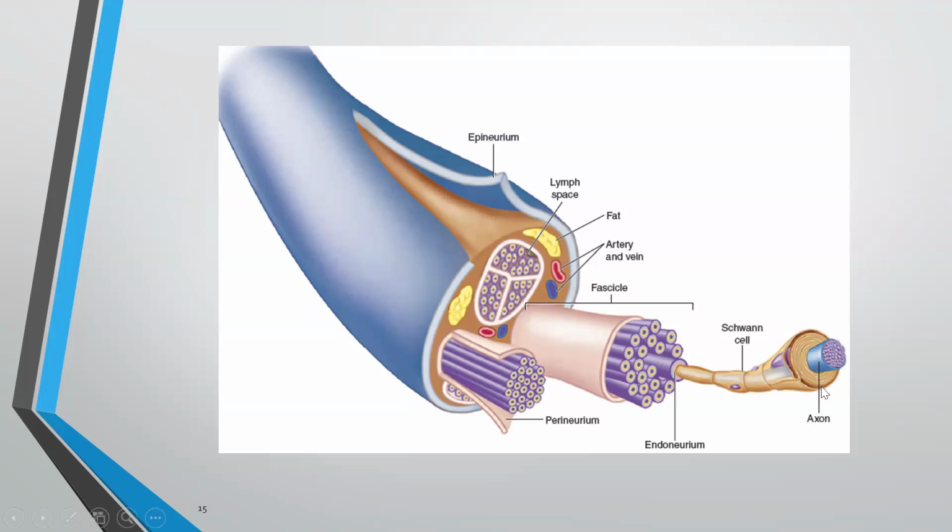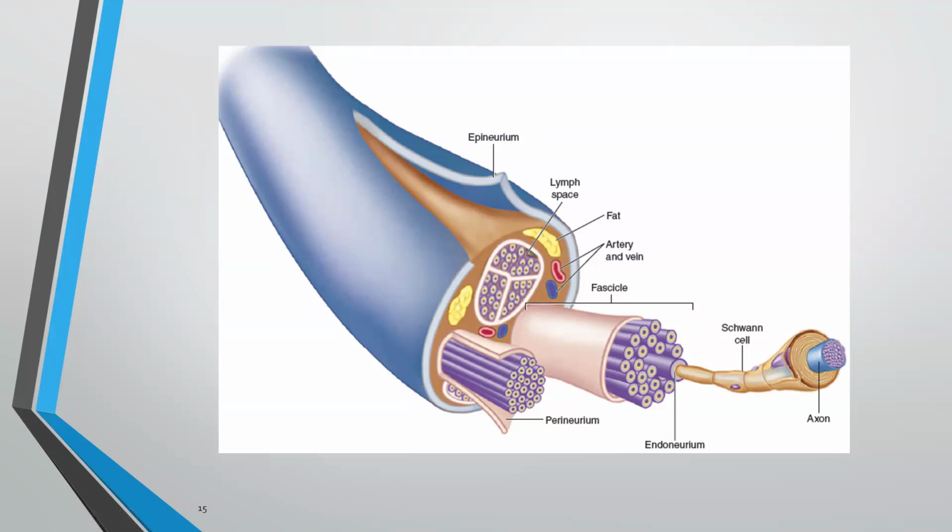Okay, so here we have one single axon. The endoneurium is what surrounds that axon. Then when you have a bundle of axons, it's called a fascicle, and the sheath that surrounds that is called the perineurium.